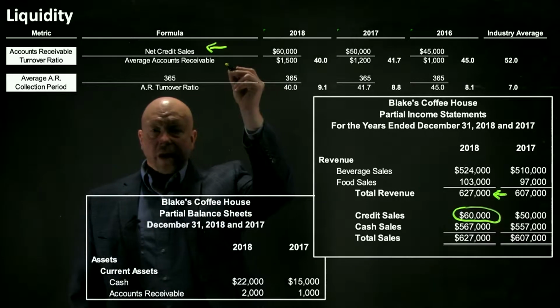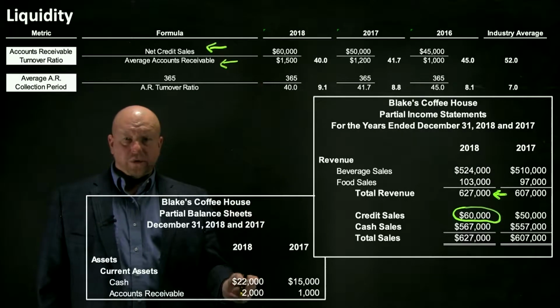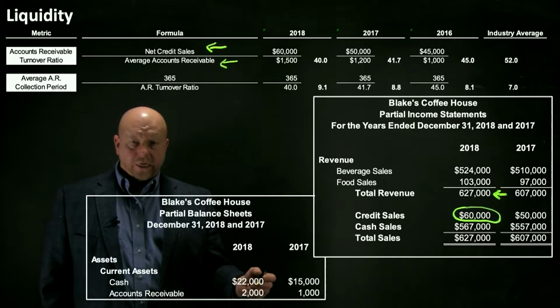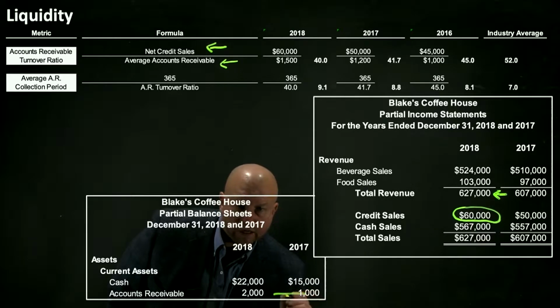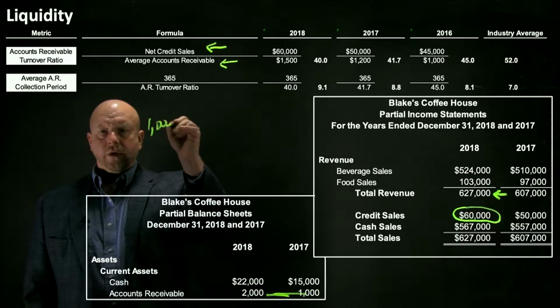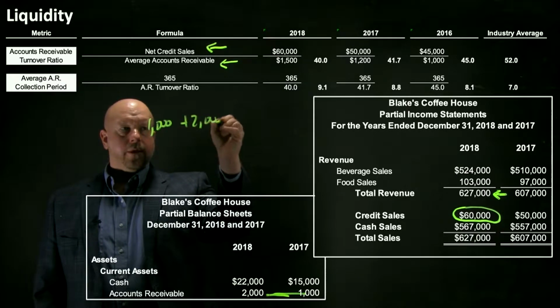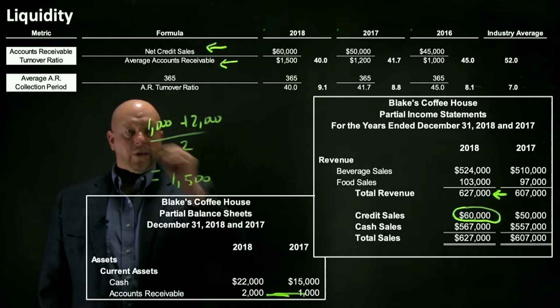And then divide by average accounts receivable. Now, average accounts receivable is going to be your beginning plus your ending divided by 2. So all the way down here, here's our average accounts receivable. 1,000 plus 2,000 is 3,000 divided by 2, $1,500, right?